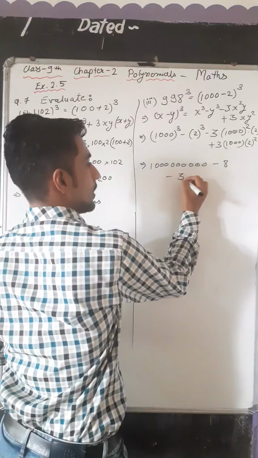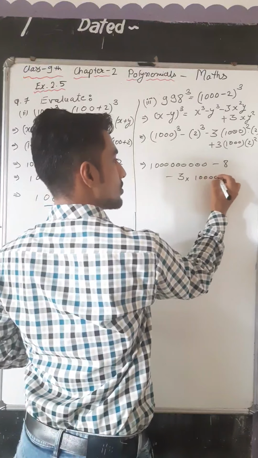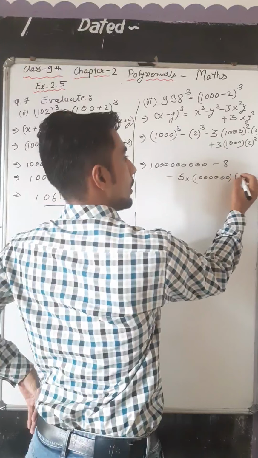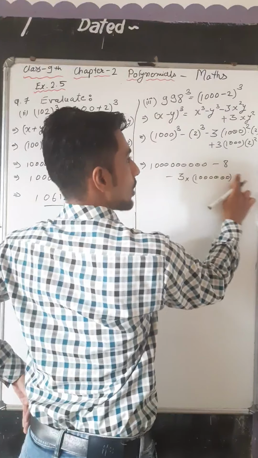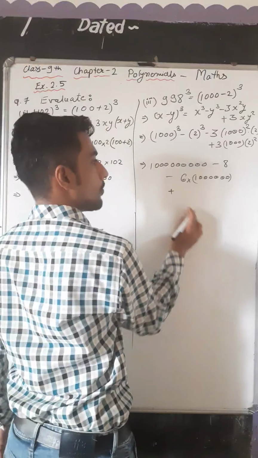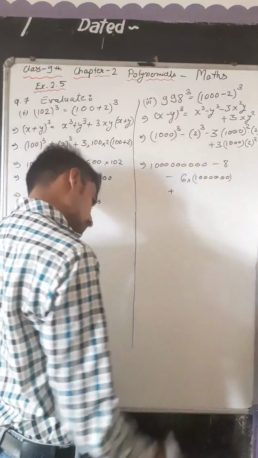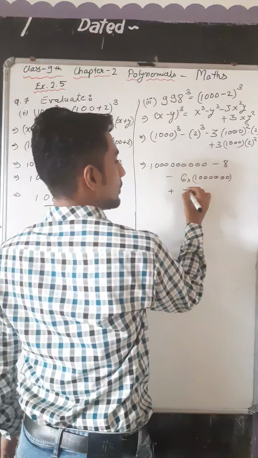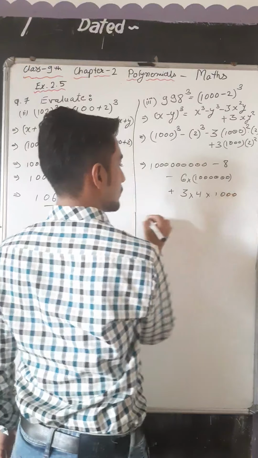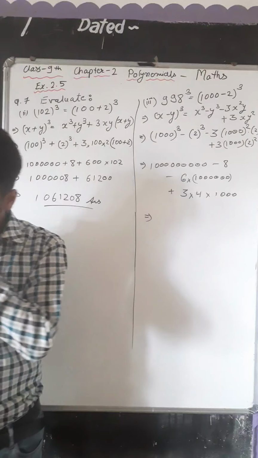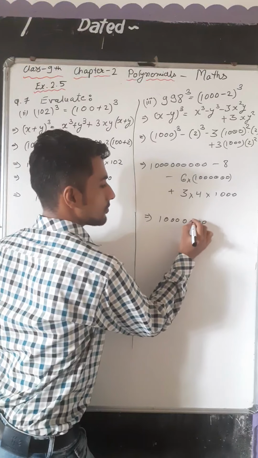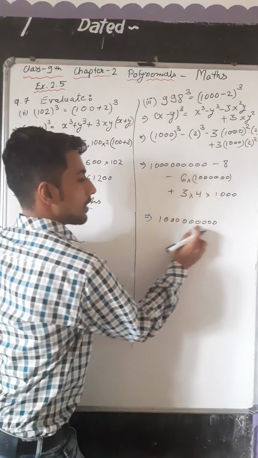This will be 3 into 6 zeros into 2, so 3 twos are 6. And plus this form: 3, then 2 twos are 4, into 1000. So the result will be 1 followed by 9 zeros.